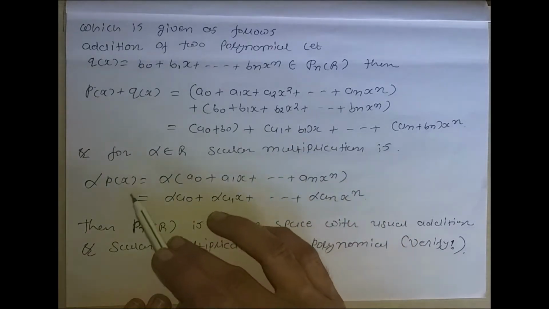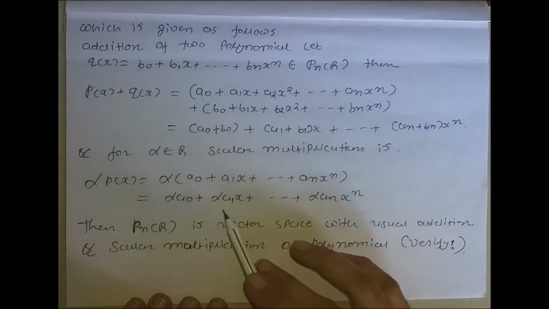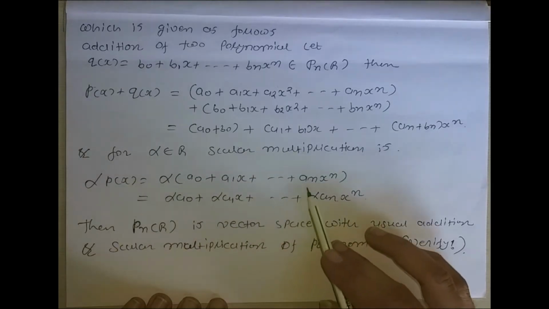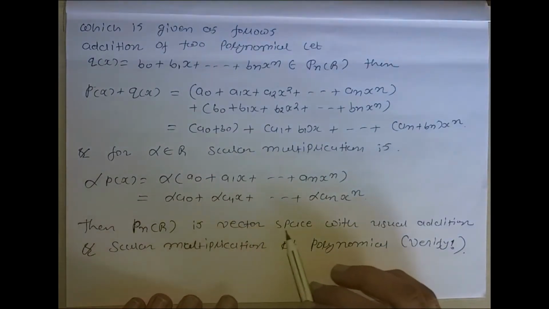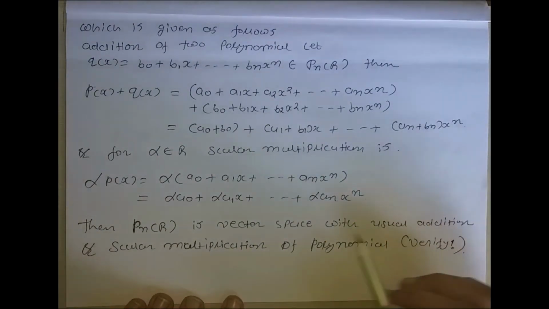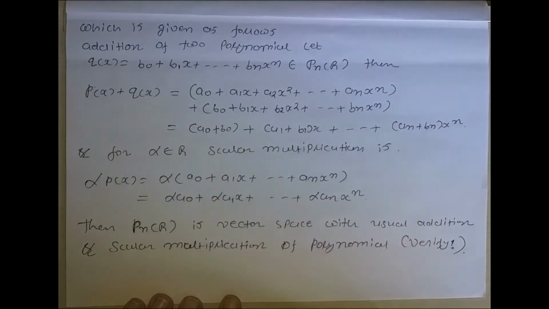So we get alpha P(x) = alpha a0 + alpha a1x + ... + alpha an xⁿ. Then Pn(R) is a vector space with the usual addition and scalar multiplication of polynomials. You should verify it yourself. This is your assignment, to show that polynomial space is a vector space with the usual addition as well as scalar multiplication.